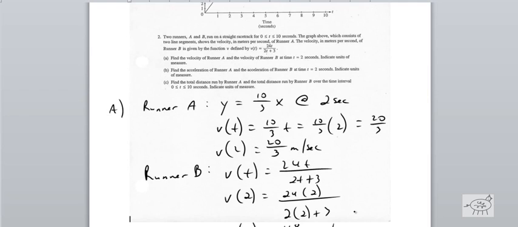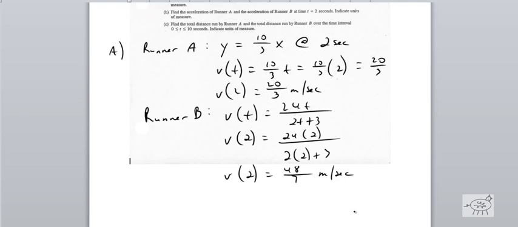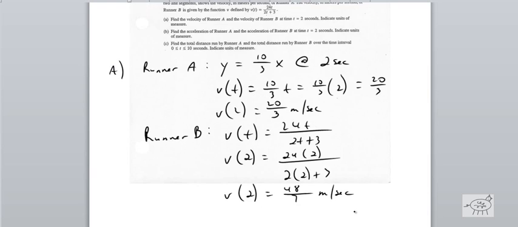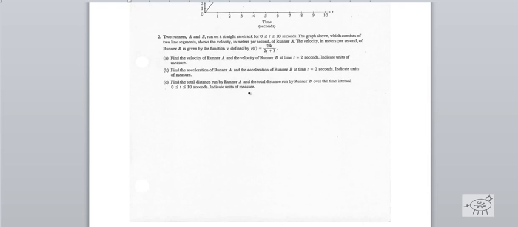B, it says find the acceleration of runner A. Well, what is acceleration? Isn't it the first derivative of velocity? So I'm going to erase this now so we can see everything. So this is B. And the velocity, so this is runner A again. So we have V of t, we already said that was 10 thirds t.